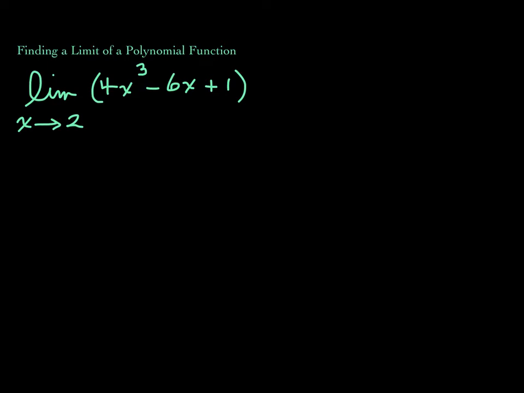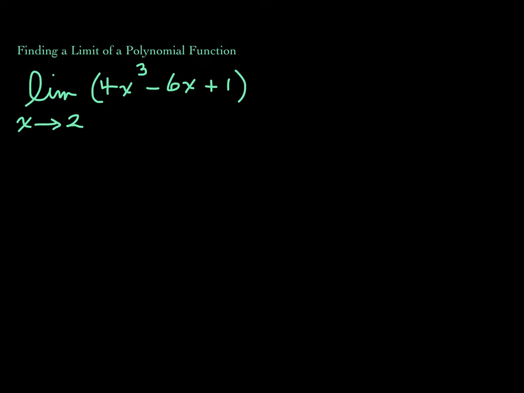You can use things like the rational zeros theorem and Descartes' rule of signs and the boundedness theorem and synthetic division and all of those useful tools and theorems to find the zeros of this polynomial function and sketch its graph, find its intercepts, and then you can look at the graph and see what's happening to your function values as x values approach 2 on both sides. That might take you some time, but it would be a lot of fun.